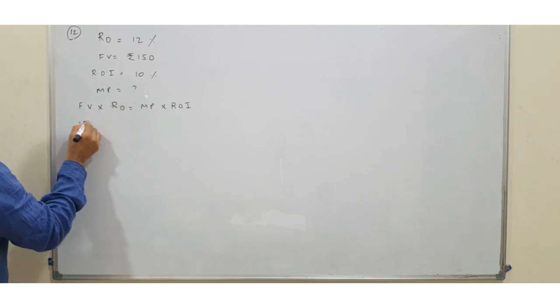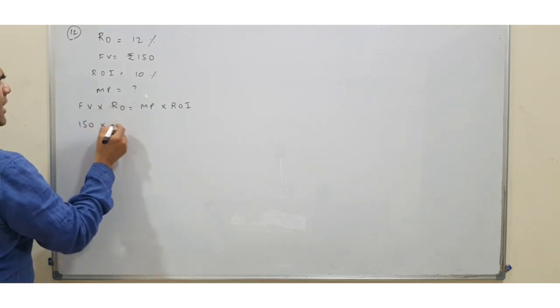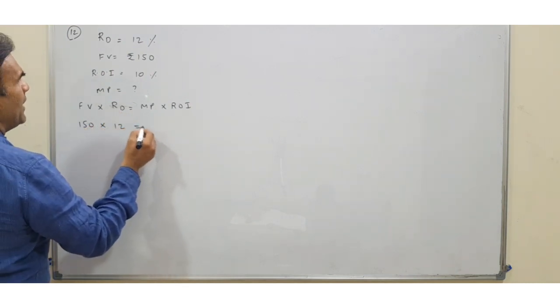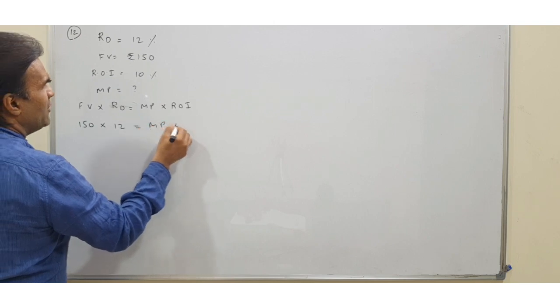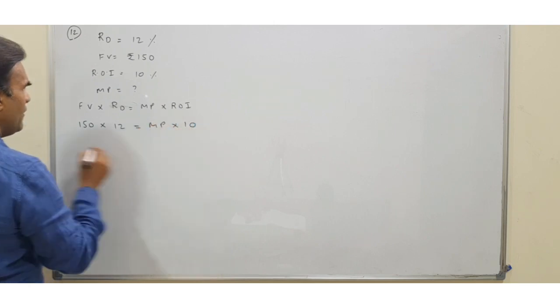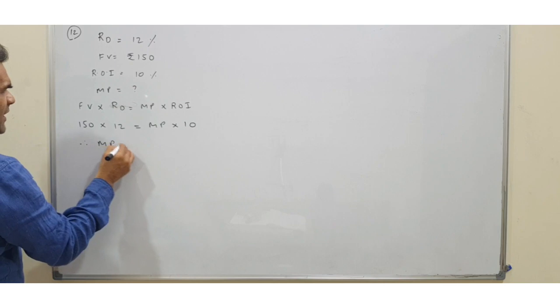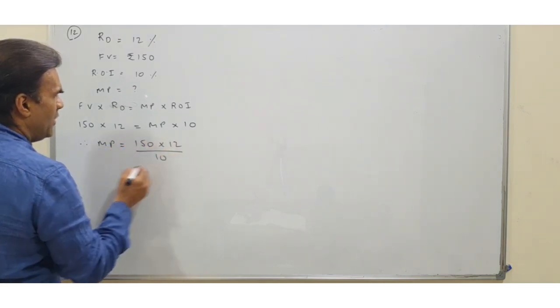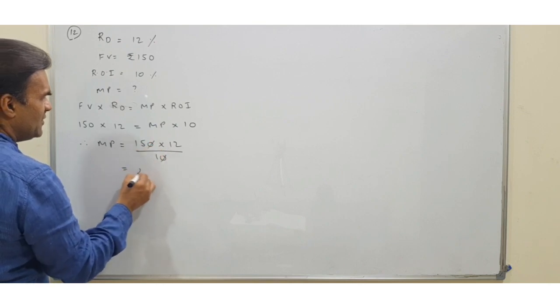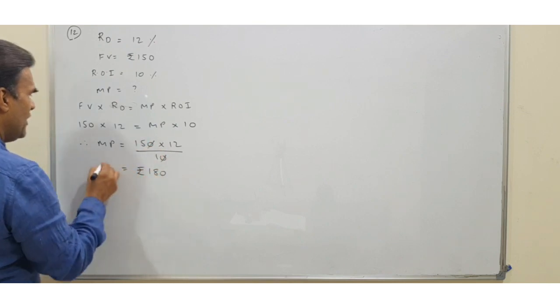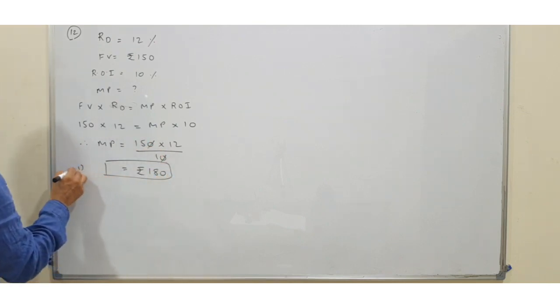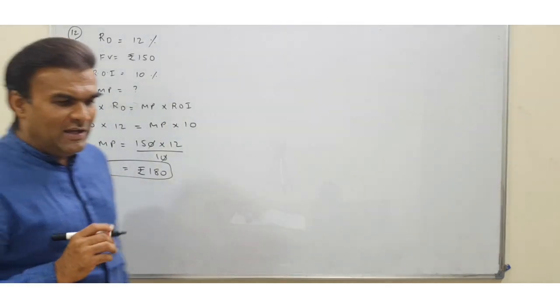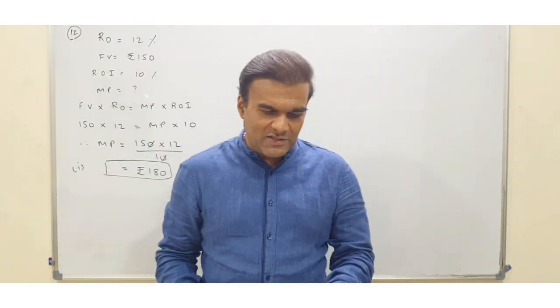Face value 150, RD 12, market price we have to find, ROI 10. Therefore, market price equals 150 multiplied by 12 upon 10. That gives us rupees 180. So the first part of the question, the market price of each share will be 180 rupees.